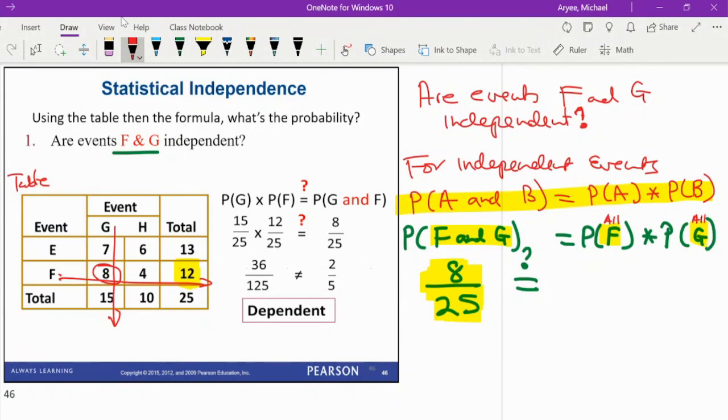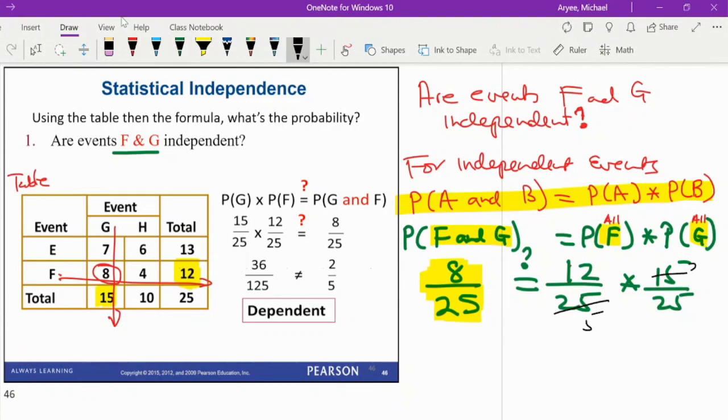So all the F is what? 12. All the F is 12 over 25 times all the G is 15 over 25.